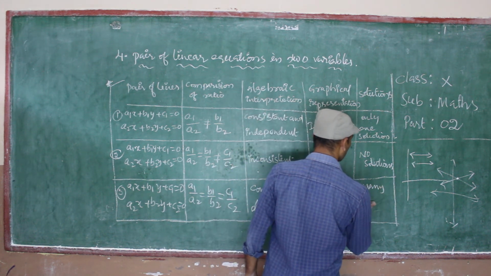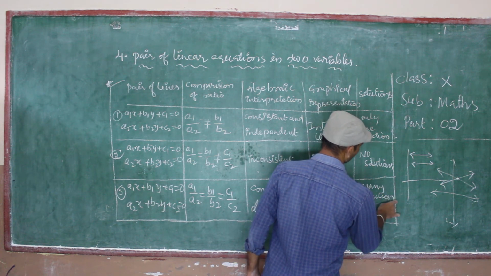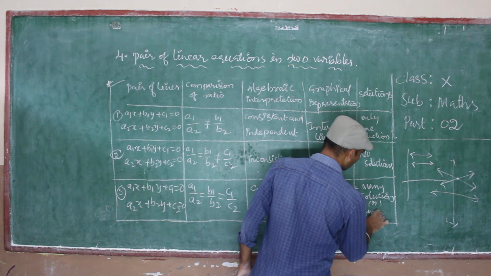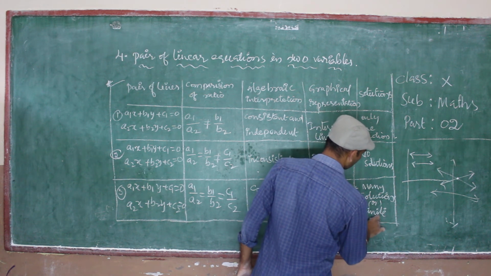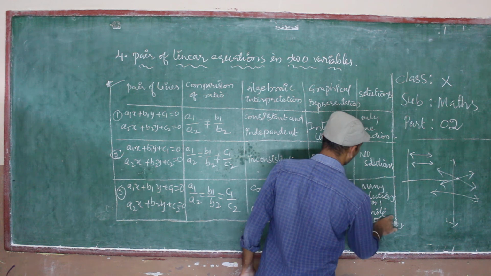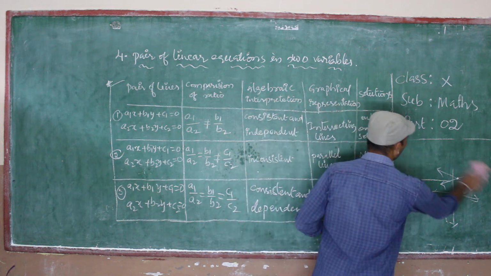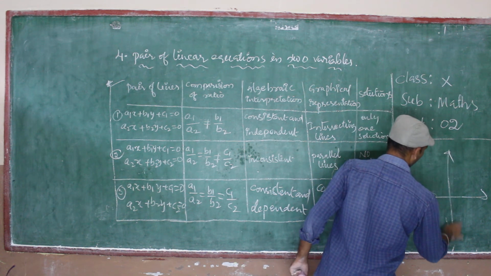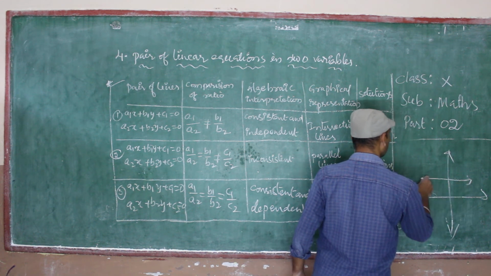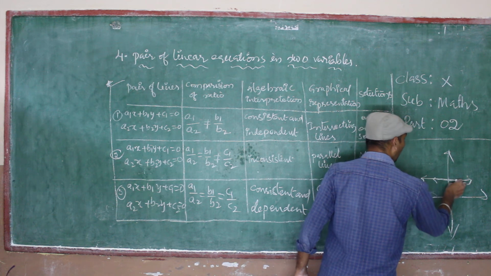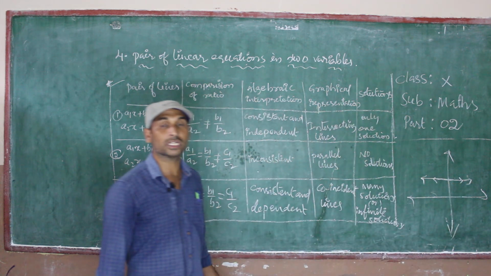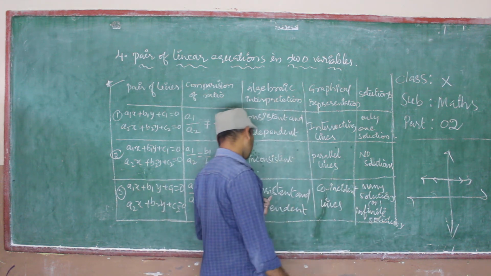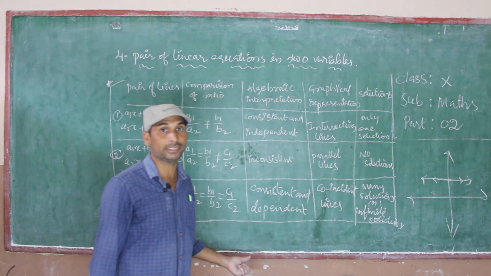Many solutions or infinite solutions. Means if you draw a graph, then you will get both in one place. This is the first equation, and the second equation also falls on the first line. So that's why coincident lines. When you get coincident lines, we can say consistent and dependent.